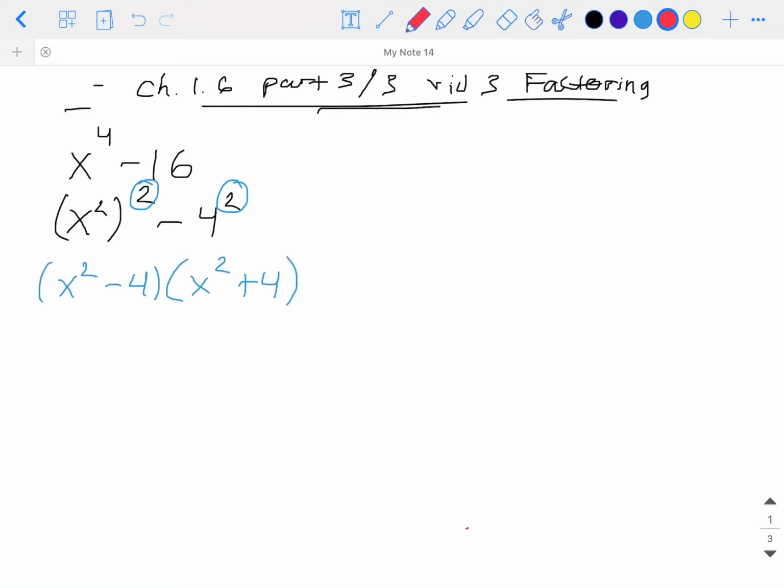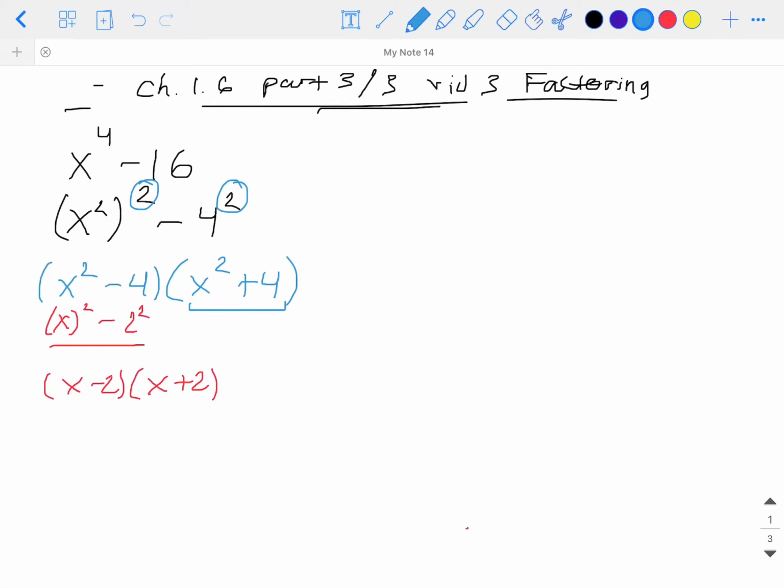Now, you shouldn't stop from here. I can see that x squared minus 4 can be reduced a little bit further. x squared is the same thing as x to the second power, and 4 is the same thing as 2 to the second power. So this is valid. This is considered a difference of perfect squares, so therefore I have a framework to say x minus 2 and x plus 2.